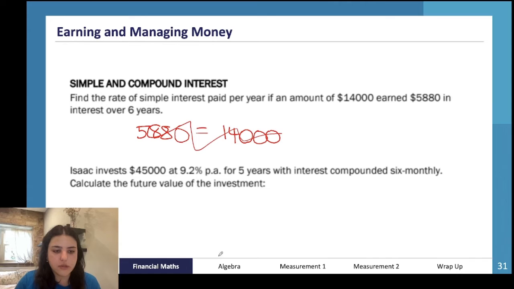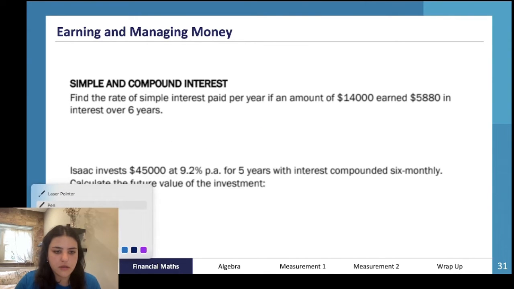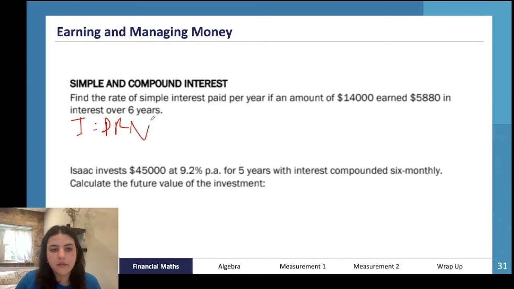Scrap that. Hold on. I did that the wrong way around. Okay. So our formula for simple interest is I equals PRN. Our interest was 5,880. Our principal was 14,000.